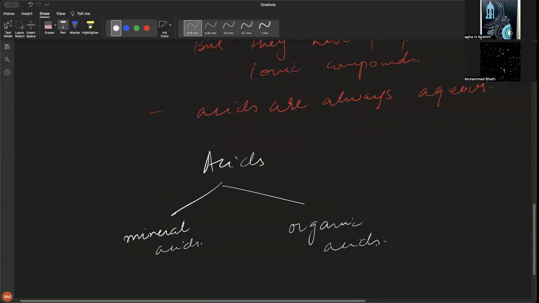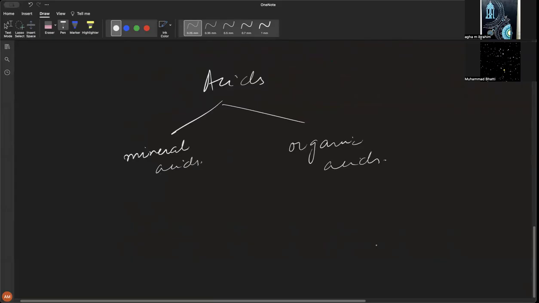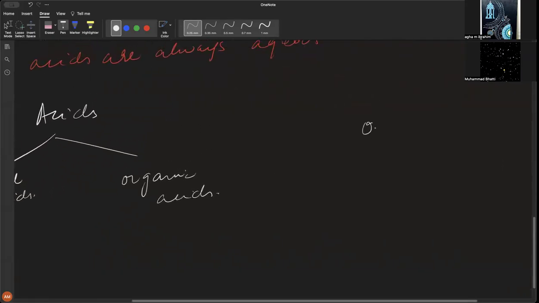Mineral acids and organic acids. Mineral acids are the acids that do not have carbon and hydrogen as their backbone or as the main elements of the compound.